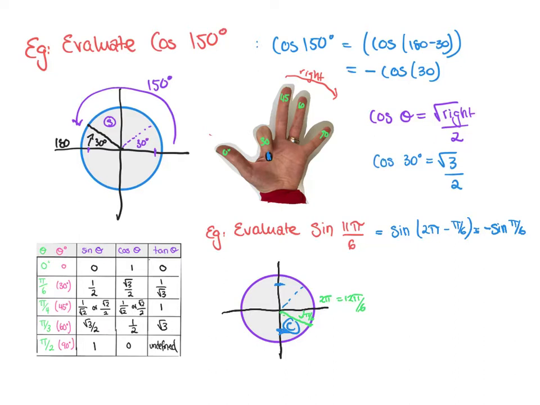Now you have to think about your hand, and we want pi on 6, which is actually sine 30, so I can use the hand up here again. We've got the 30 down, except the rule for sine is sine angle equals the square root of the left over 2. So in this example, I've got sine pi on 6 equals the square root of 1 on 2, which we can simplify to be 1/2. We check our exact values and we are correct.